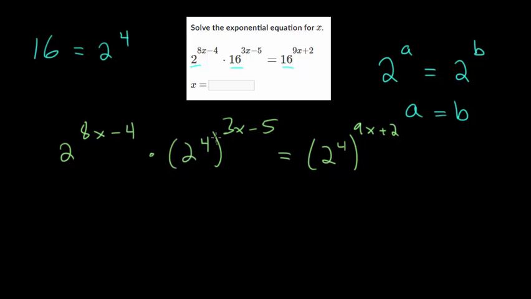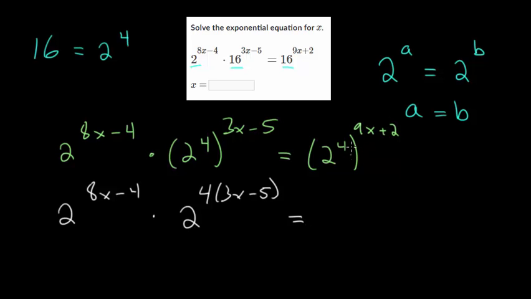So we're going to distribute this 4 to this expression here. So I'll rewrite this first one. We have 2 to the 8x minus 4, but now we have 2 to the 4 times 3x minus 5, and we will just distribute that. But let me just write it out explicitly for this first problem so that we can follow every step exactly.